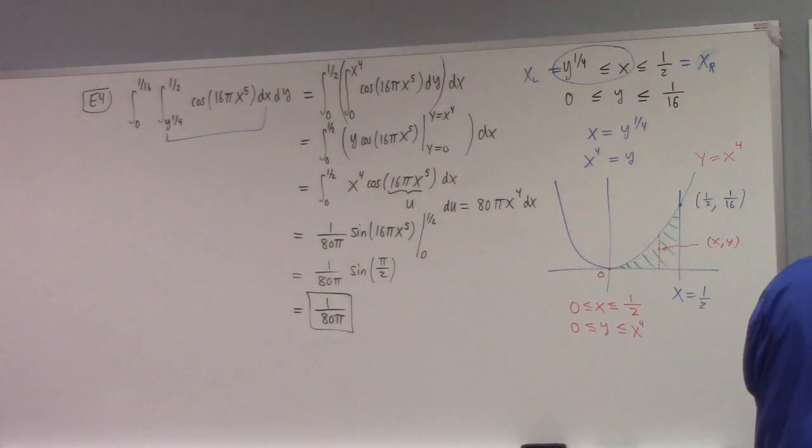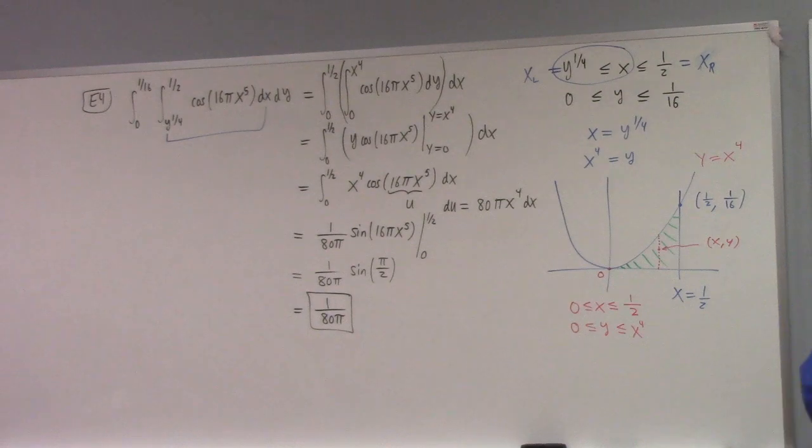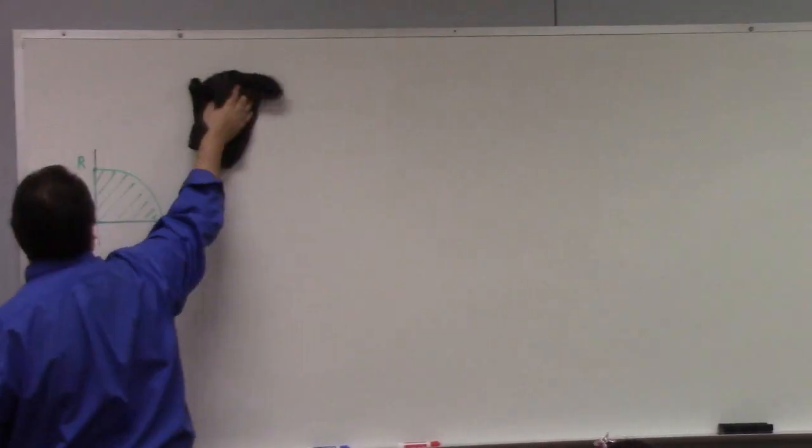I'll lead with the example that's more or less like something I've put on many a test. It's kind of a pain. Now we have done some triple integrals already, right?